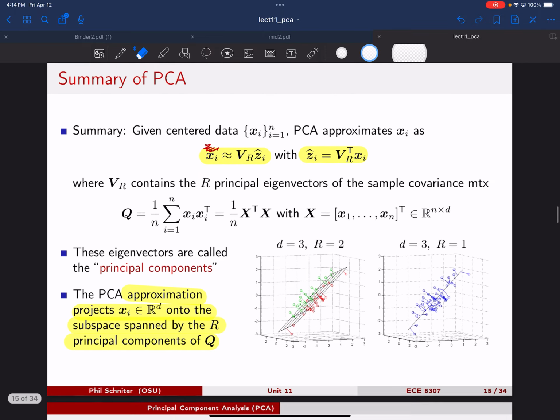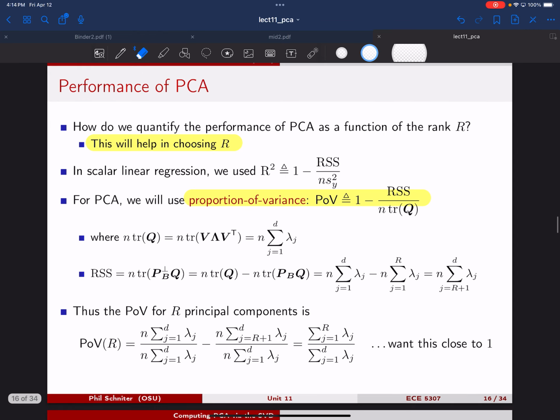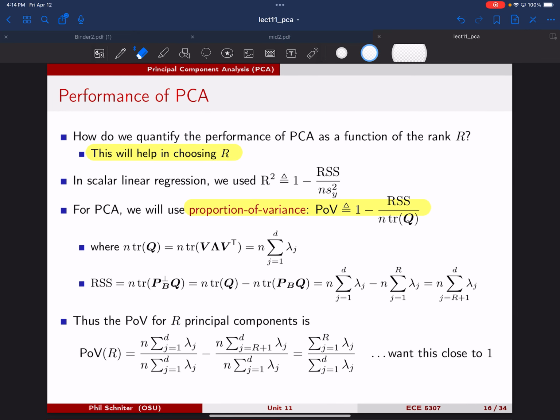Okay, so we went through this long proof of this, got to the end of it, and then we also talked about how you select R, the rank of the approximation. And we said rather than using RSS, or R squared, which is what we used for linear regression, we use something really similar called proportion of variance.